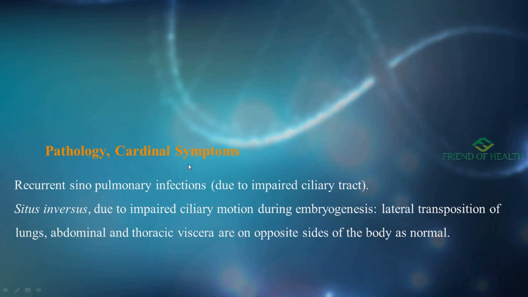This makes the presentation of situs inversus and lateral transposition of lungs, where abdominal and thoracic viscera are on opposite sides of the body from normal. So situs inversus will be there, possible dextrocardia, and male sterility. Again, Kartagener syndrome is a cause of male sterility.